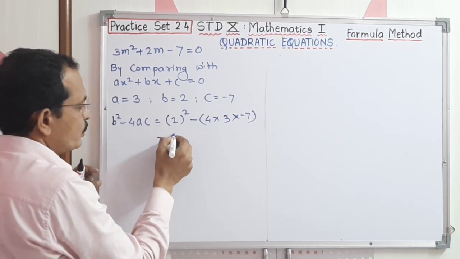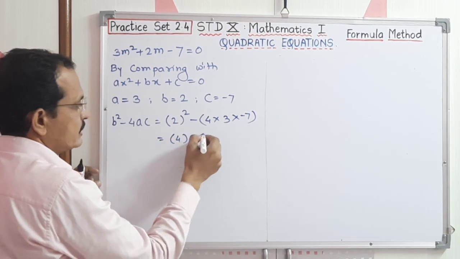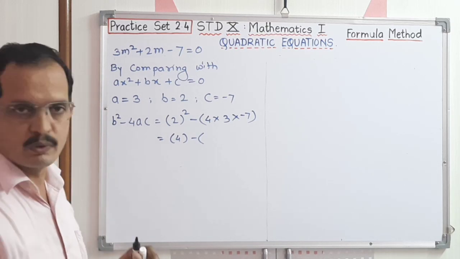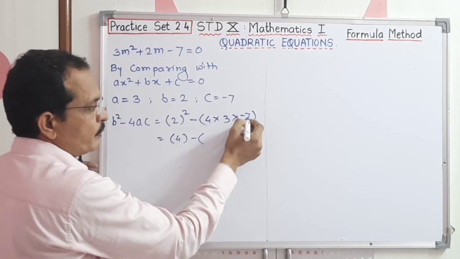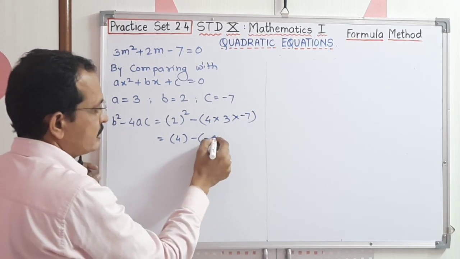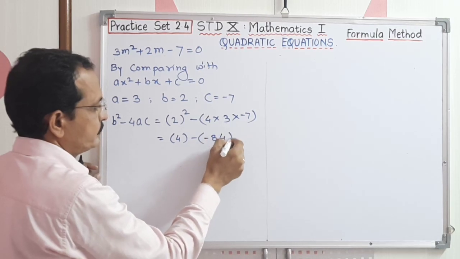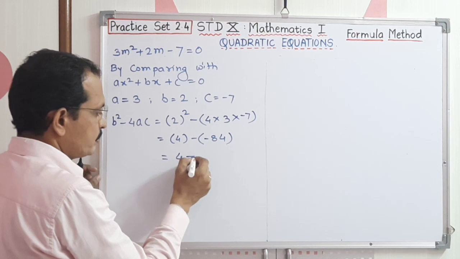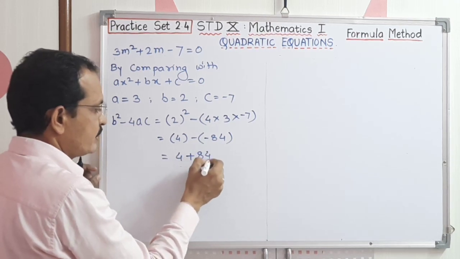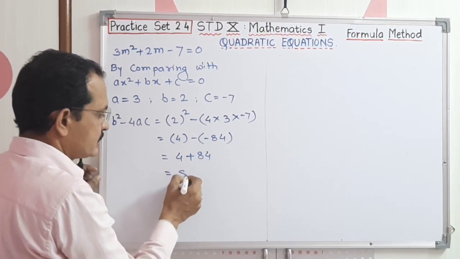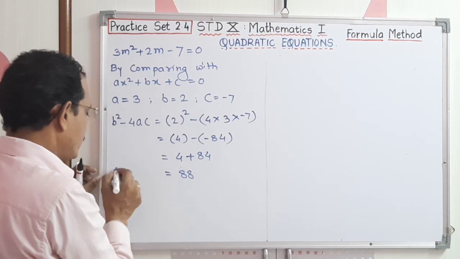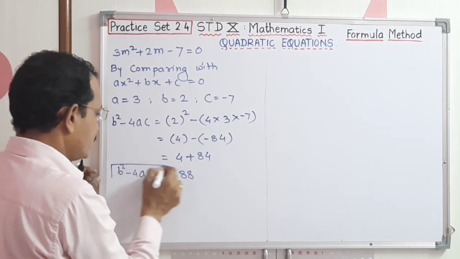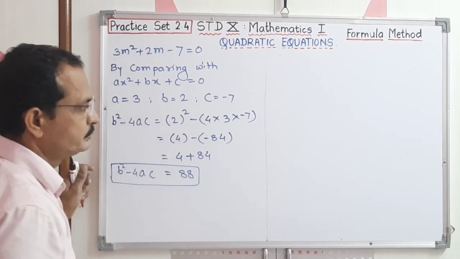Now square of 2 is 4 minus 4 3s are 12 and 12 7s are minus 84. Now minus minus is plus, it is 84 and then it is 88. We got the value of b square minus 4ac is equal to 88.